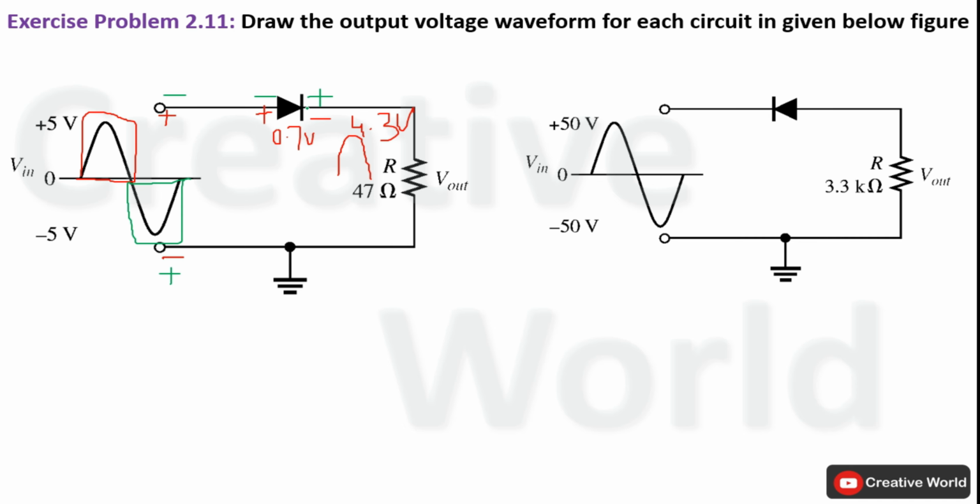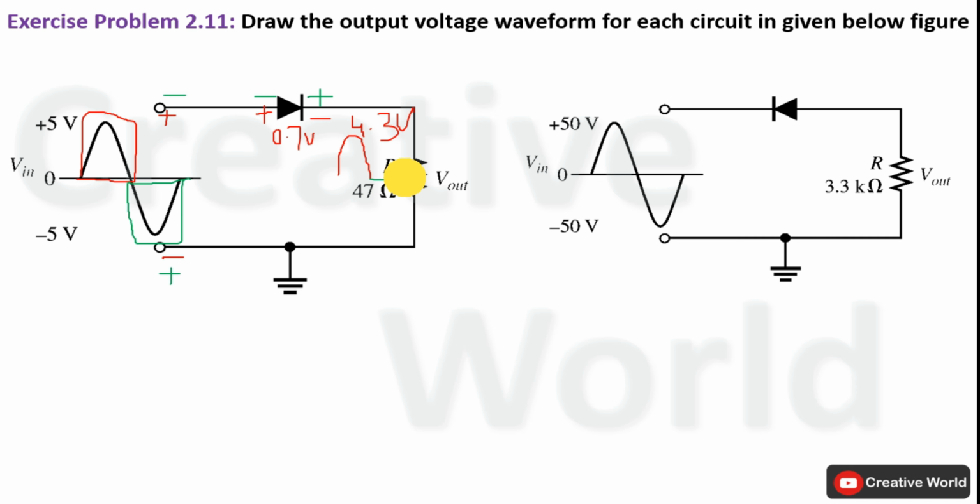During this condition, the diode will be in reverse biased mode because the cathode of the diode is connected to positive and the anode to negative, which is a violation of the first condition for forward biasing of a diode. And we know that whenever a diode is in reverse biased mode, it acts as an open circuit. So there will be no current flowing through this resistance and no voltage drop across it.